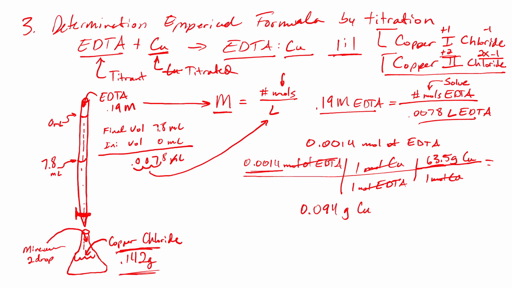Well, that's cool because now I can figure out how much chloride is in the solution, right, that we started with. Because all I have to do is subtract this number right here from the copper chloride that we started with, right?